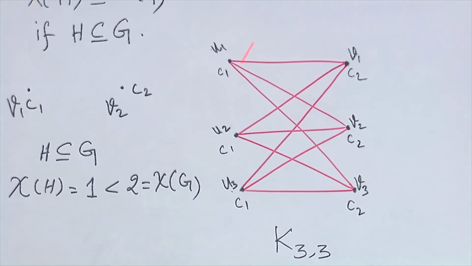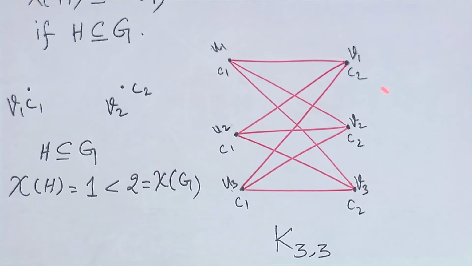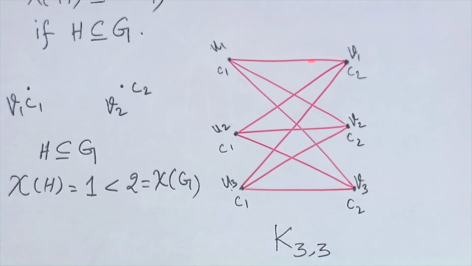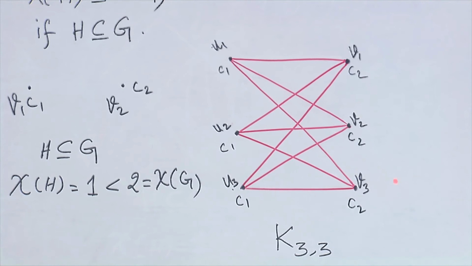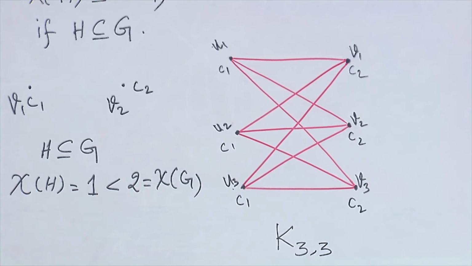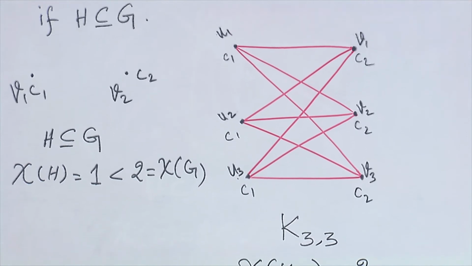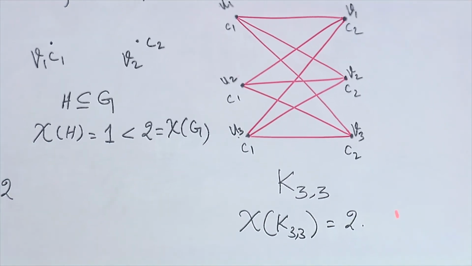Then I have to give a different color, C2, to V1 because U1 is adjacent to V1. I can give the same color C2 to V2 and the same color C2 to V3 because V1, V2, V3 are not adjacent to each other, which means I can color this graph by using two colors. Therefore, the chromatic number here is 2, that is, chi of K3,3 is equal to 2.